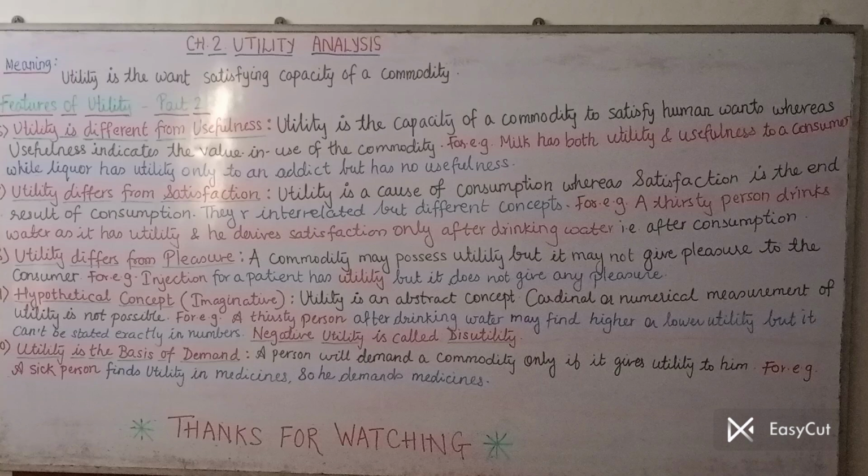So for making demand, there has to be utility in the commodity, and hence it is said utility is the basis of demand. If utility is not there in the commodity, then it will not be demanded. For example, a sick person finds utility in medicines because he is sick at that point of time, so he demands medicines.